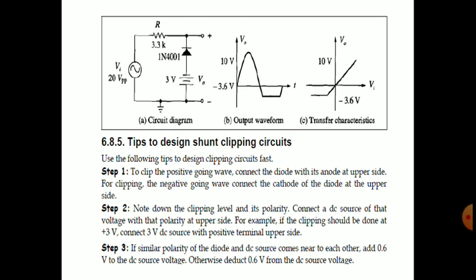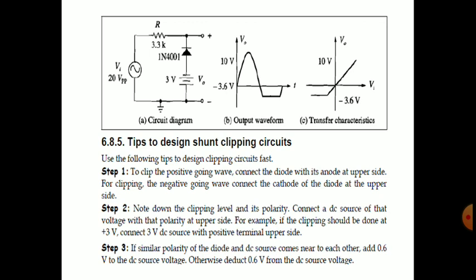The practical diodes will have a cut-in voltage of 0.6 volts. So in the above example also, the IN 4001 is a practical diode which has 0.6 volts of cut-in, and we have used the V reference, where the negative terminal is connected to the P side.